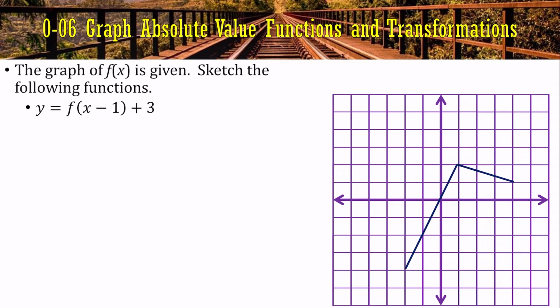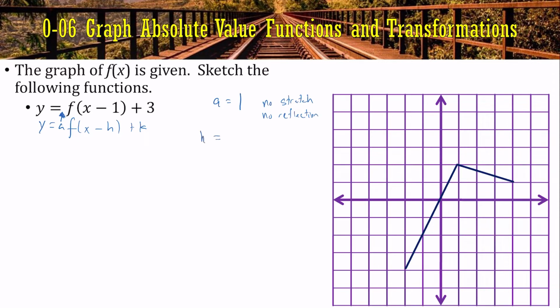Let's try this one. If we compare it to y equals a, f of x minus h plus k, you can see a is right here, and it's multiplied. So a isn't 0, a is actually 1, but multiplying by 1 doesn't do anything, so there is no stretch or reflection. It's positive.